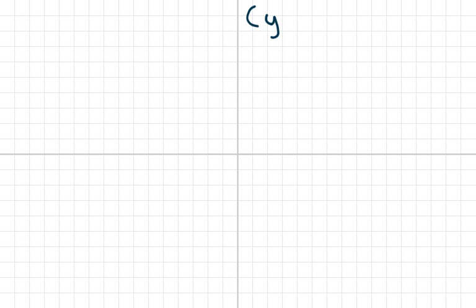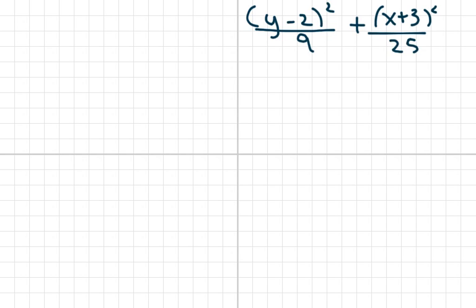So we have y minus 2 squared over 9 plus x plus 3 squared over 25 equals 1. So my center was -3 and then up 2. There's my center. Reminds me of the other one.